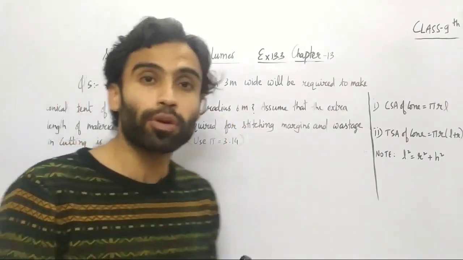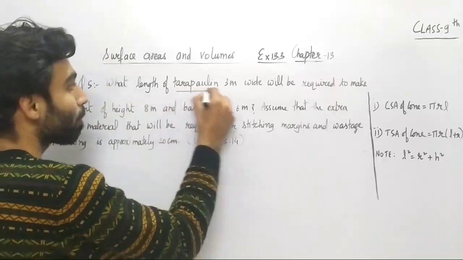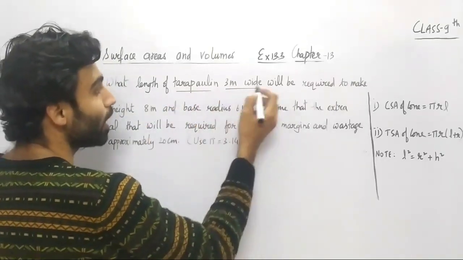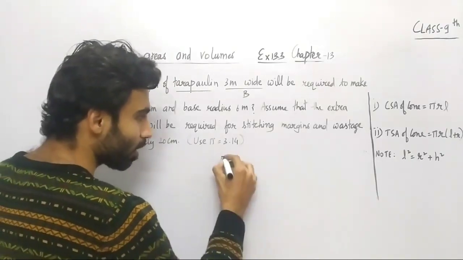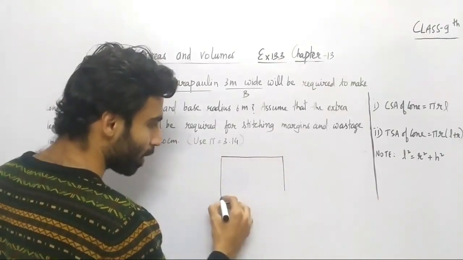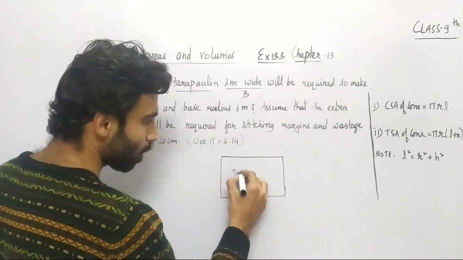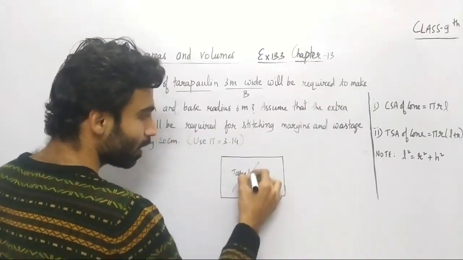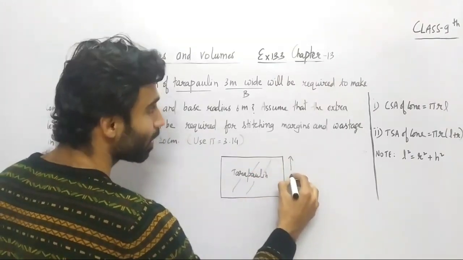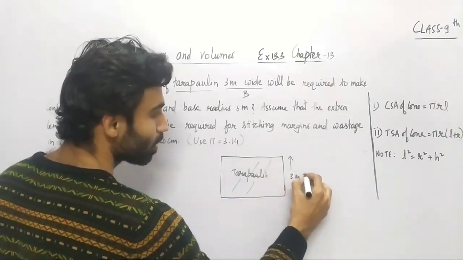So यहाँ पे question में आपको क्या given है? एक tarpaulin cloth है आपके पास जिसकी width यानी कि breadth जो है वो given है 3 meter breadth है, right? So अगर मैं यहाँ पे एक cloth बना लेता हूँ rectangular tarpaulin cloth, right? So ये एक tarpaulin cloth है आपके पास, right? Now इसकी जो breadth है that is given here 3 meter, right? So this is the breadth.